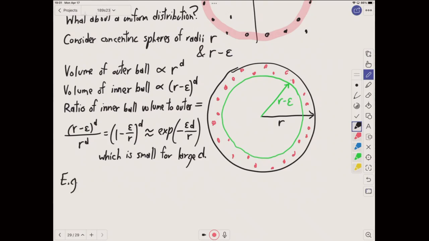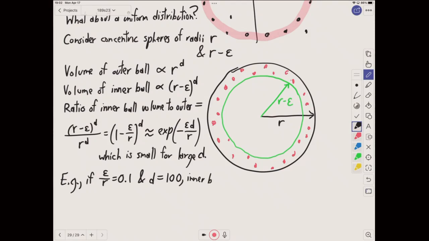To give you a numerical example, just to make this a little more concrete, suppose that epsilon over r is 0.1. So what that means is that the green ball's radius is 90% of the black ball's radius. Then, suppose that the dimension is 100, which is not too large, it's not 1,000,000.